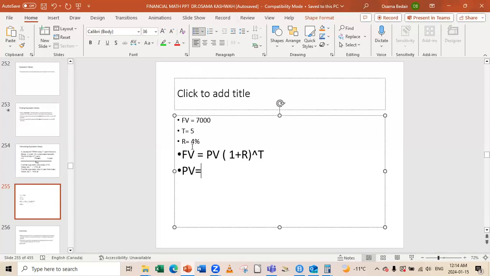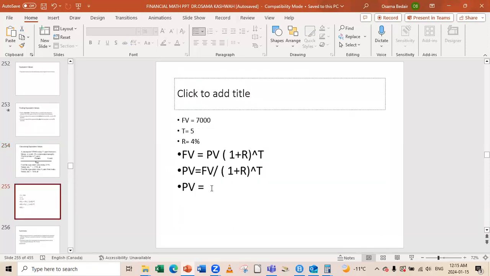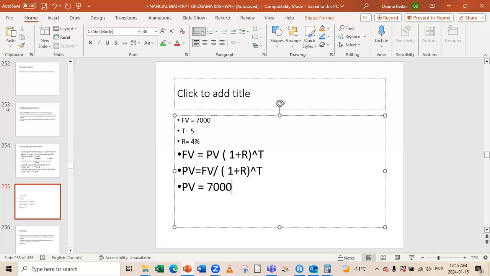the FV divided by this amount. The PV now will equal the future value, 7,000, divided by 1 plus R, which is 1.04, because 1 plus 4% is 1.04, to the power of the time, 5 years.